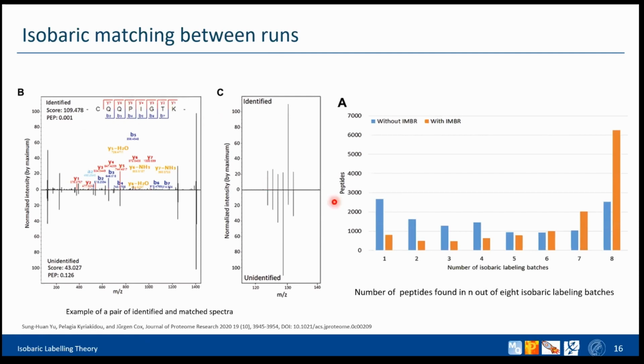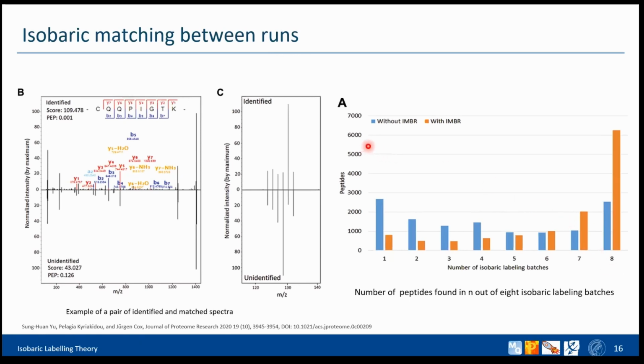In this case, this was an experiment with 8 isobaric labeling batches, and it shows the number of peptides found in N out of 8. Actually, these bars here are the most interesting ones: how many peptides were found in all 8 raw files.